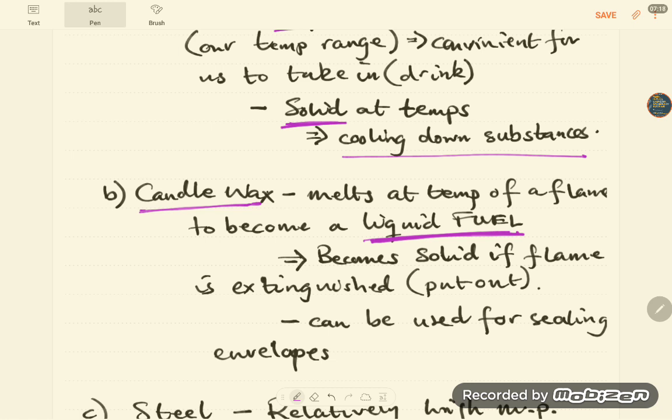And again, it easily becomes a solid, which means if I want to put out the flame and store my candle, all I need to do is extinguish it, which is to put out the flame. And voila, what do I have? I have my candle back again as a solid.